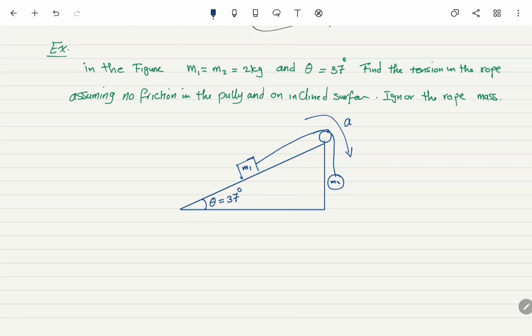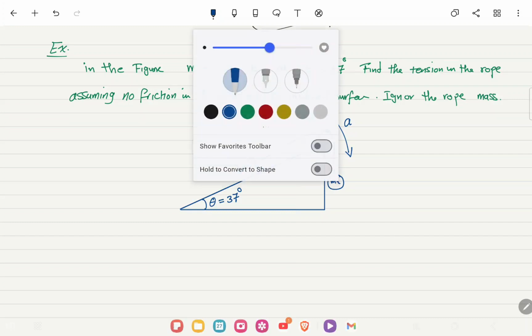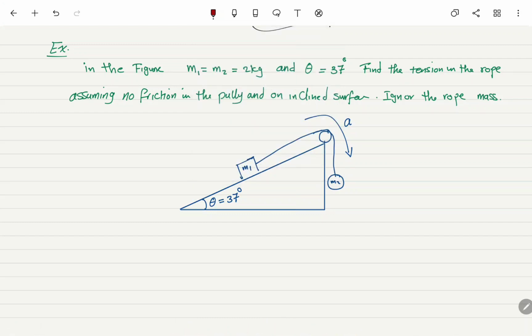To work with this example, let's just summarize the situation. We have here two different systems. This is system 1 and this is system 2. Now let's start with system 1. How many forces do we have on system 1? In this case, we have the weight, which is directed this way, mg, and we have tension, T. We have the normal force, and there's no friction again.